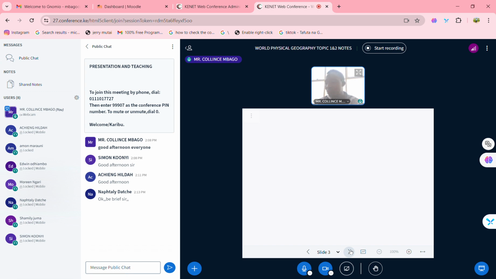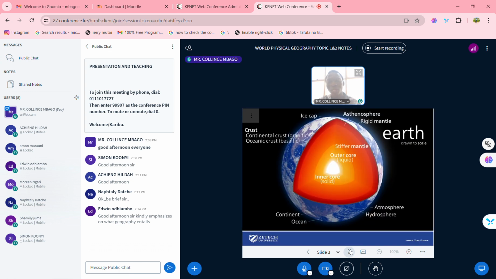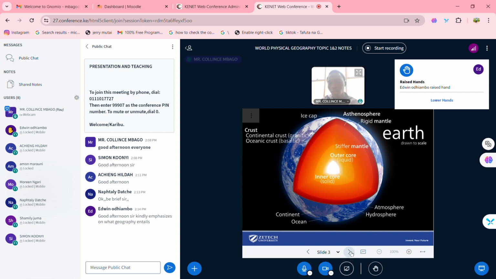As you can see from that diagram, we have the core, which is divided into two: the inner and the outer core. We have the mantle, which is also divided into two: the inner mantle and the outer mantle. Then we have the crust, which is the outermost part of the earth.